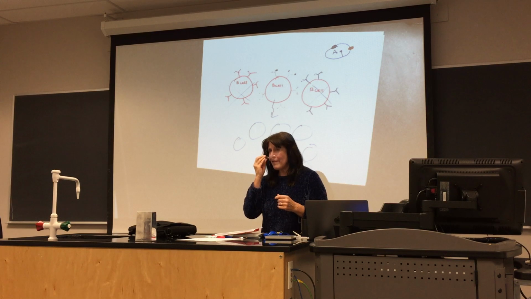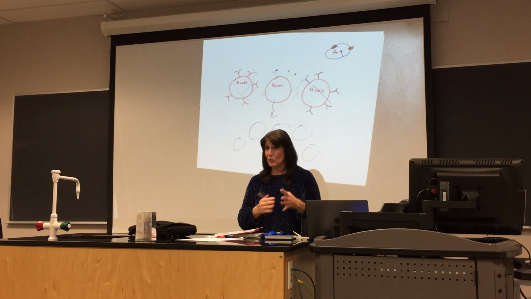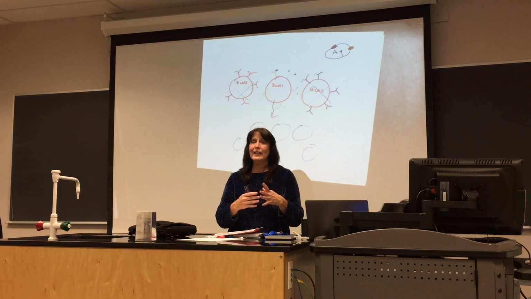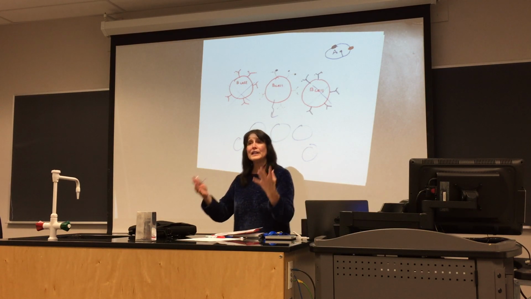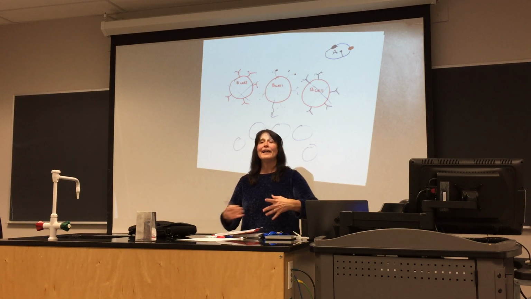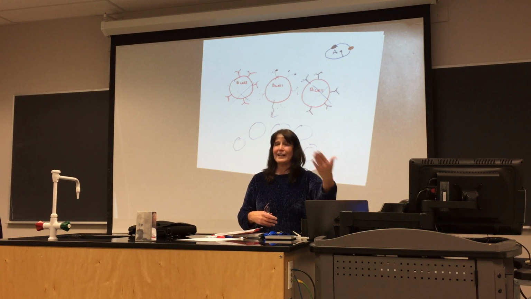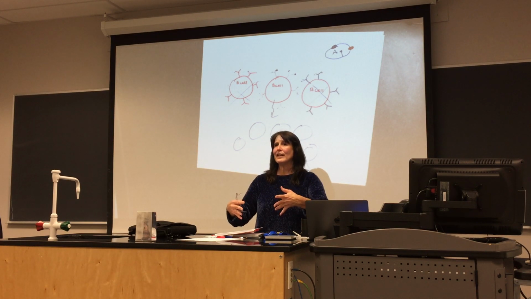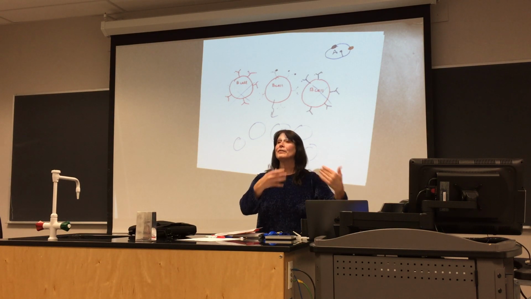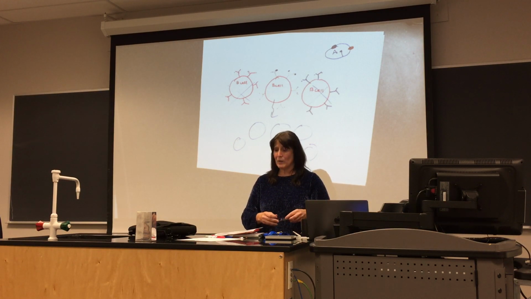IgEs are found in inflammatory responses, and we're going to talk about that next time. They're released from these cells called mast cells, and we'll talk about them. When you have allergic responses, which is sort of an overactivation, these are the ones that are produced. Also during inflammatory responses, these are the ones that are really involved as well.